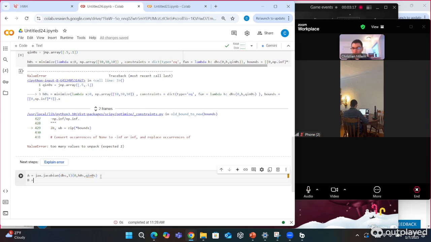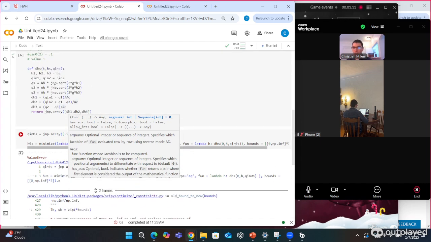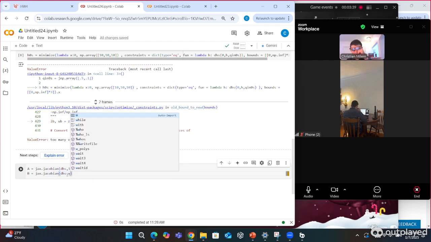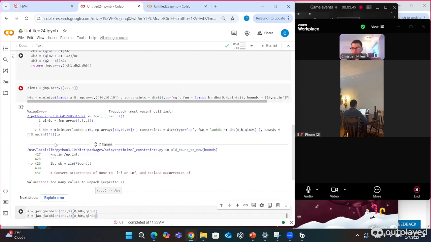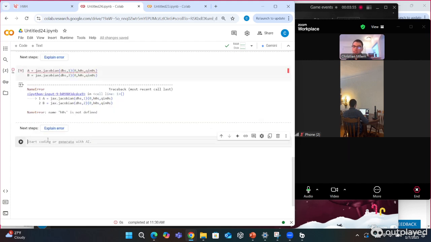We need the same thing, but for our flow rates. So qn's. That's going to be position 2. And then same thing, h naughts and qn naughts. Is that how it's notated up here? Yeah. I know h naught's not defined.